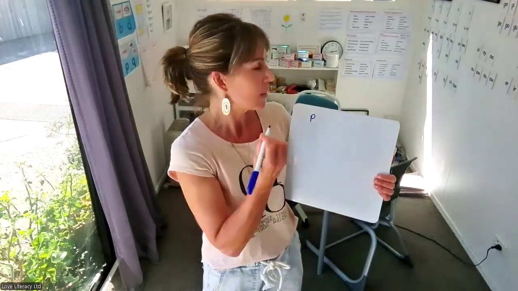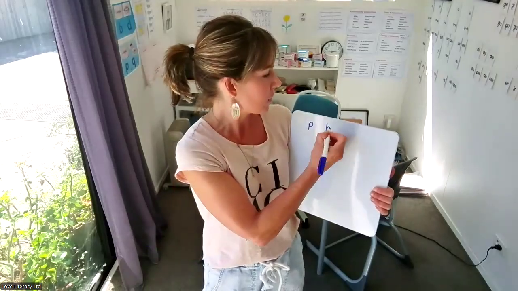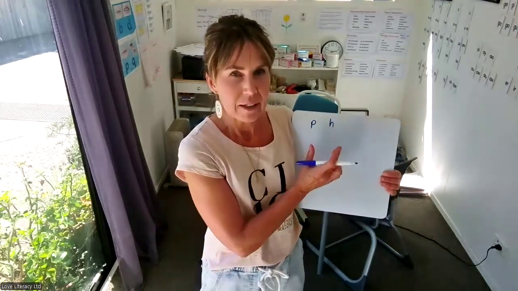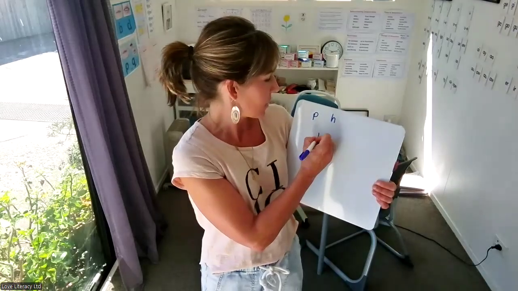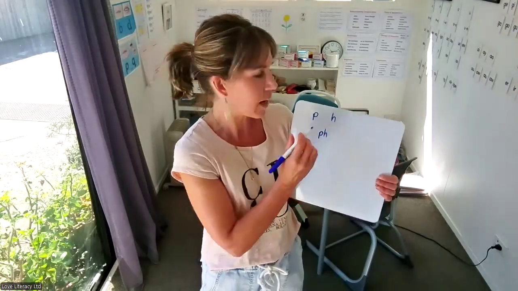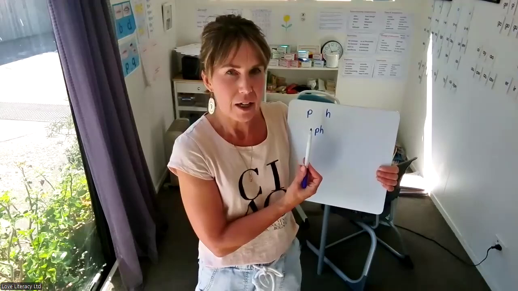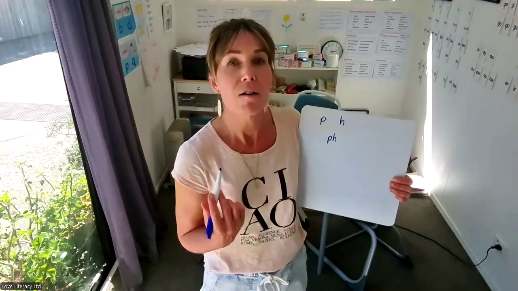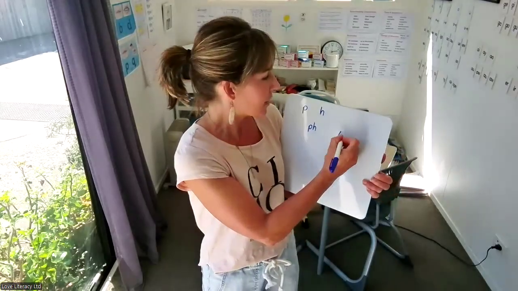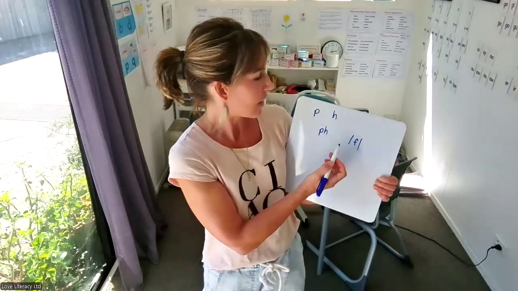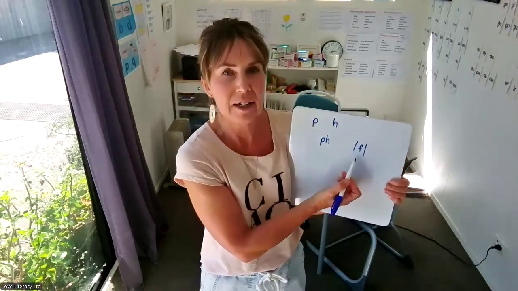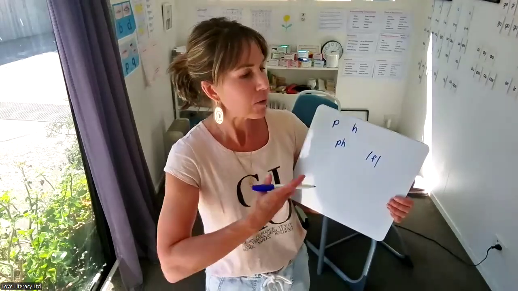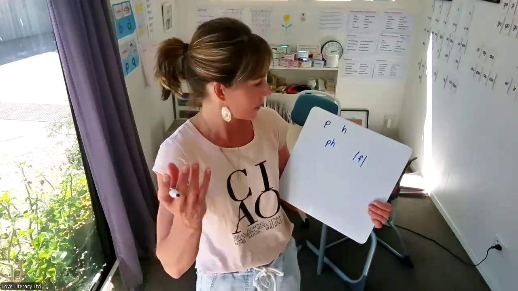So whenever I'm teaching this, I have a little bit of dialogue that I use, and I always say, today I'm introducing you to a new sound and spelling, and today I'm going to teach you about this digraph here. Now, when P and H come together, they represent a new sound. And I specifically let students know that this sound sounds like our letter F, which is a nice unvoiced sound.